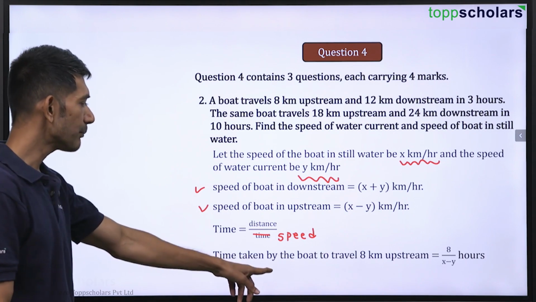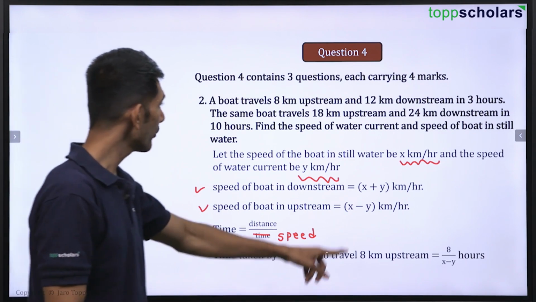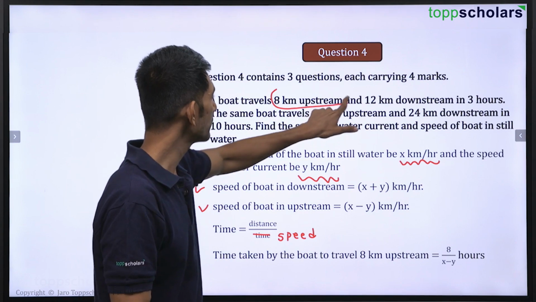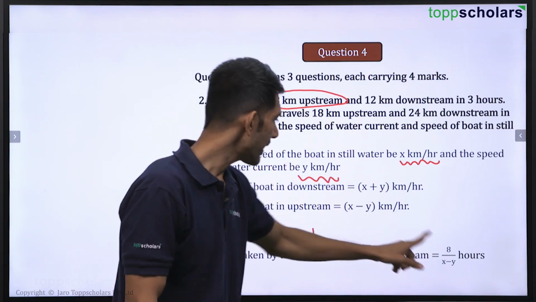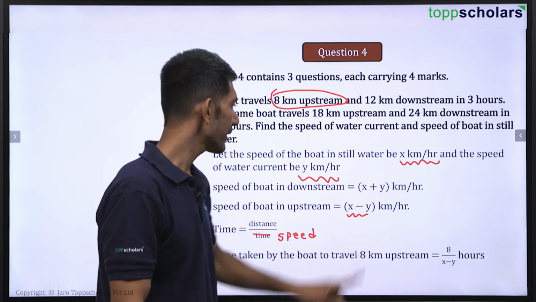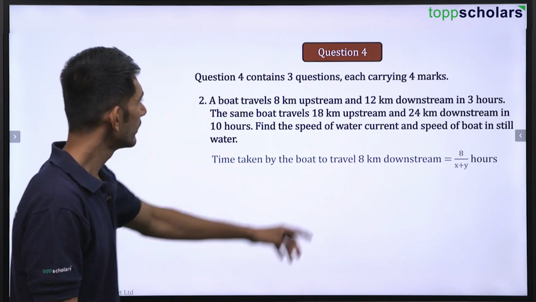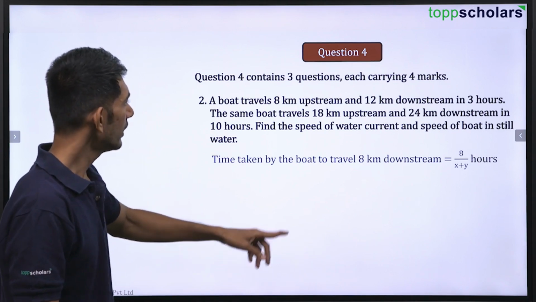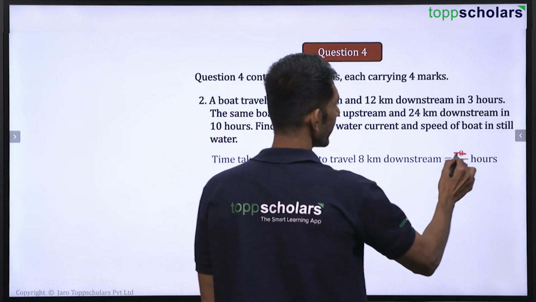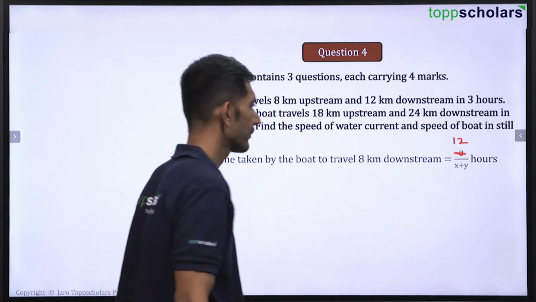So the time taken by the boat to travel 8 kilometers upstream will be 8 by x minus y, and 12 kilometers downstream will be 12 by x plus y, correct?